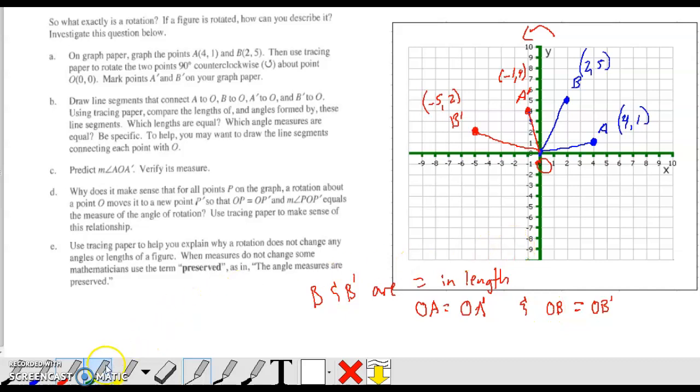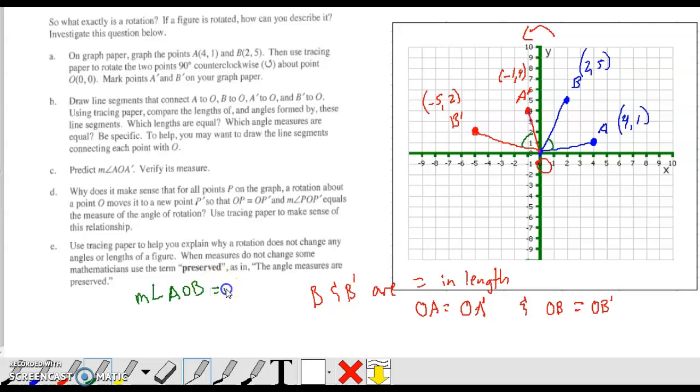What you should also notice is that this angle right here is the same as this angle. So I can say the measure of this angle, and when I say O, I don't know if I'm talking about this angle or this angle, so we actually use 3 letters. We will discuss this more when we get to geometry.